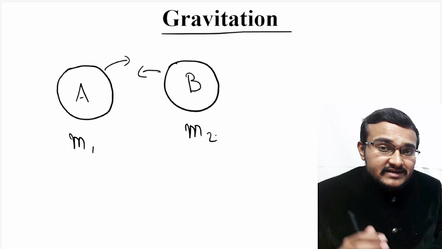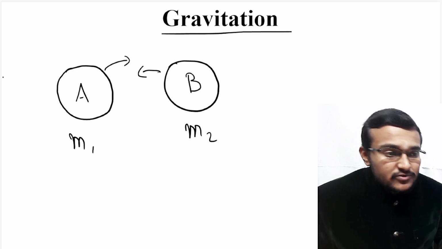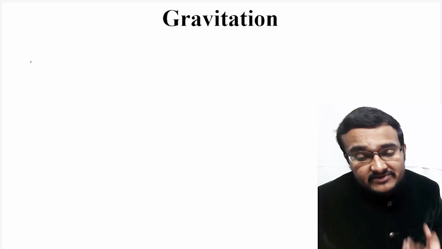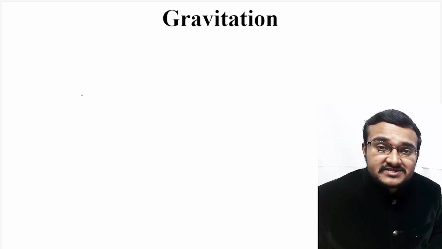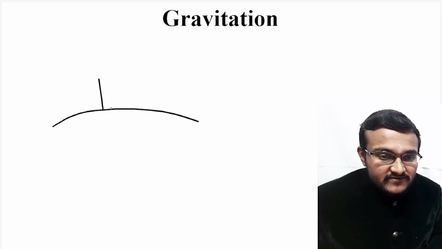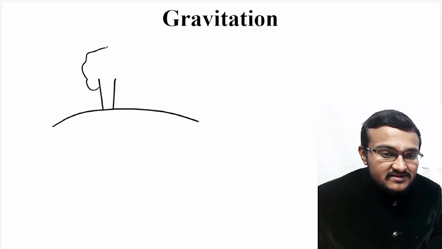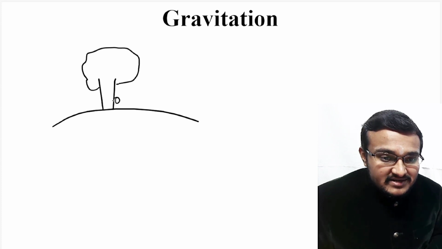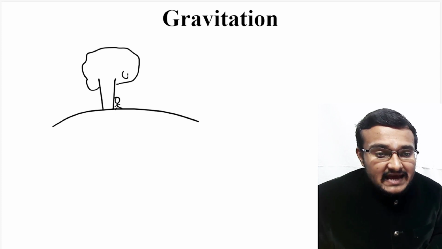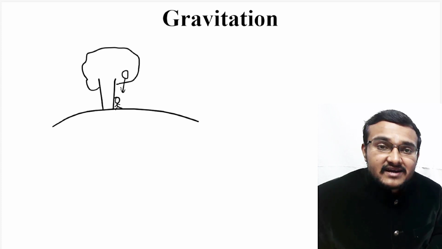But before going deeper into the gravitational force, how was it discovered? Newton first discovered this gravitational force when he was sitting under an apple tree. You all know the famous story of Newton. Newton was resting under an apple tree, when an apple fell on his head.